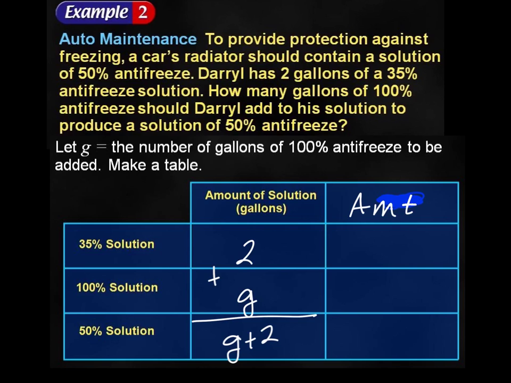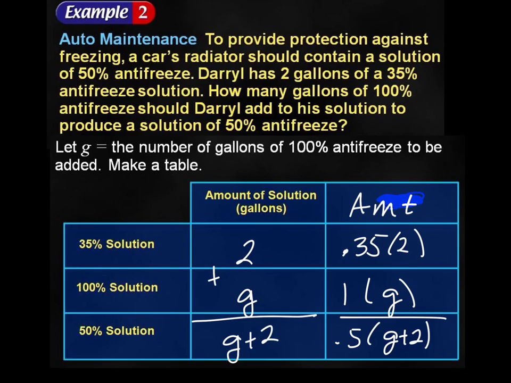Now in the amount column, we're doing the amount of actual solution we have. We've got percent times 2, so this is how much of the antifreeze, and this was 1 times G, and so our final amount, we want our final percent to be 50%, and we need to have G plus 2 gallons of it.